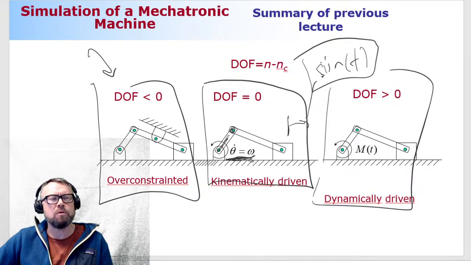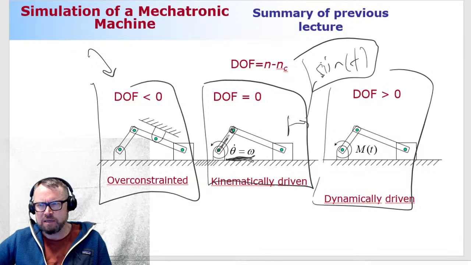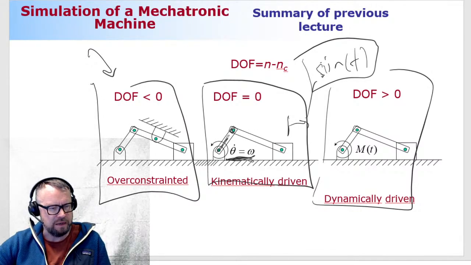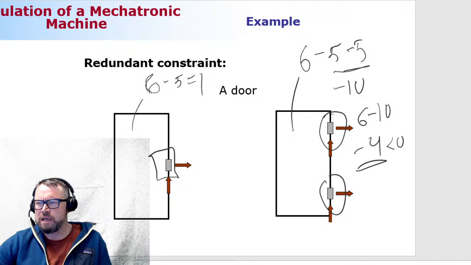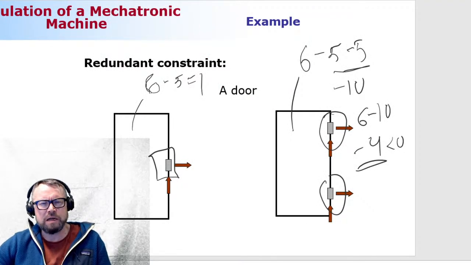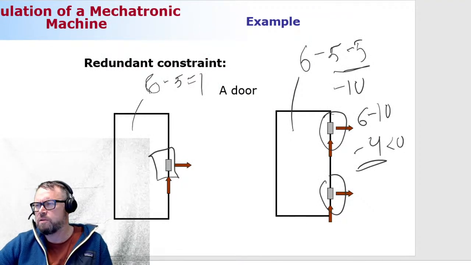A door can be open or closed. What is this? Based on the math we just did, the door is over-constrained and cannot move. But in real life, we have seen evidence that the door can be closed and it can be open. So something is off here. What is going on? Am I making a mistake in my math, or is there another kind of explanation for this?